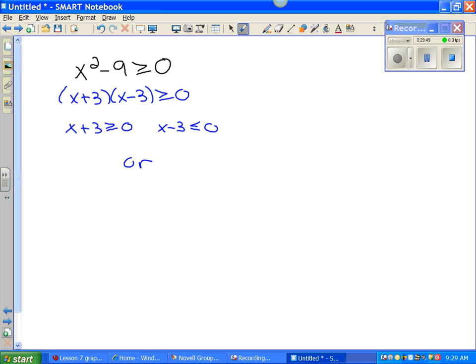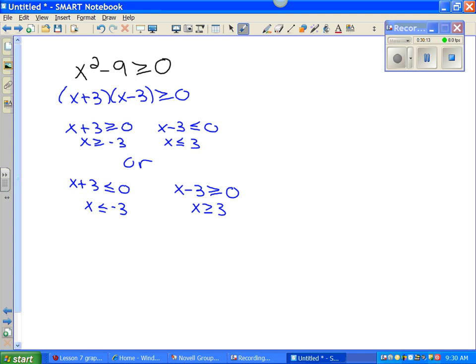Awesome. Good. Okay, so it's either going to be x is greater than or equal to -3, x is less than or equal to 3, or x is less than or equal to -3, x is greater than or equal to 3.